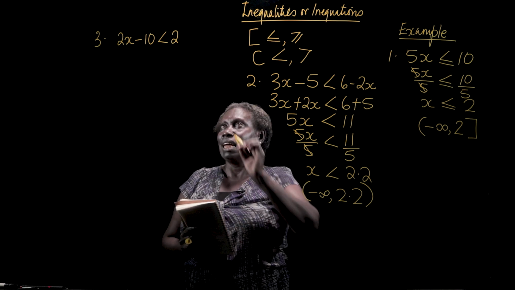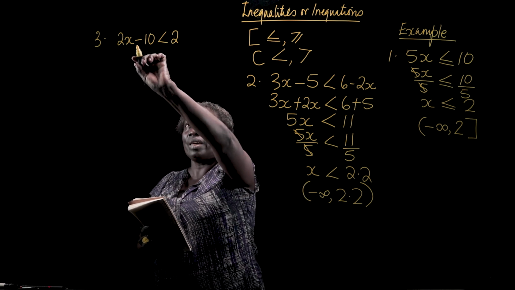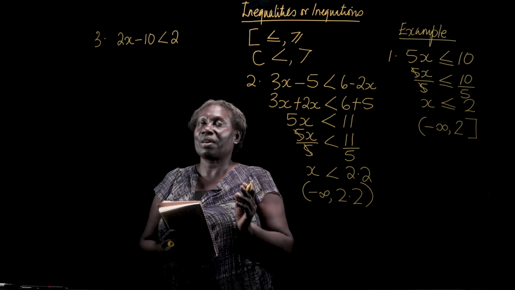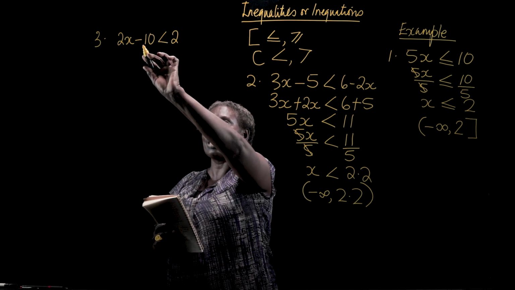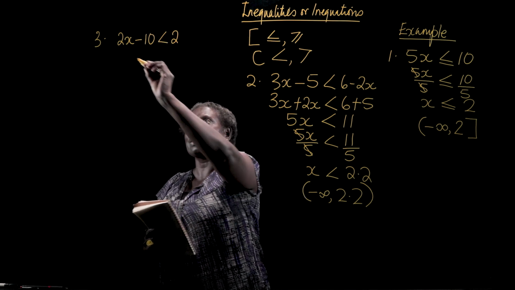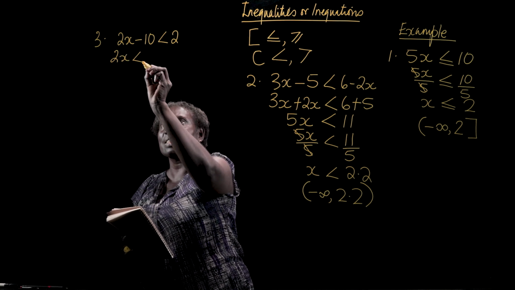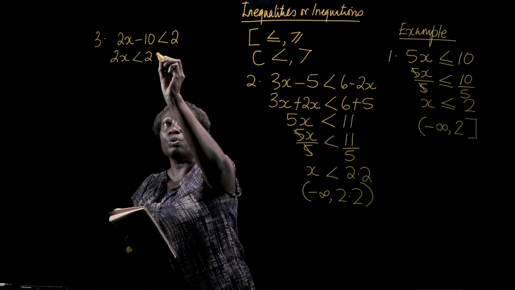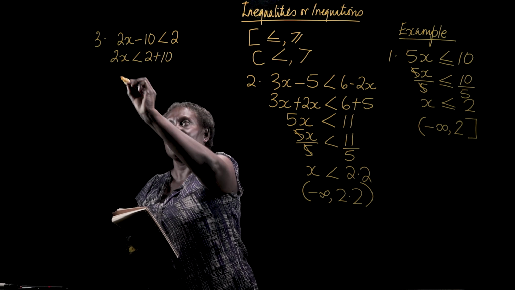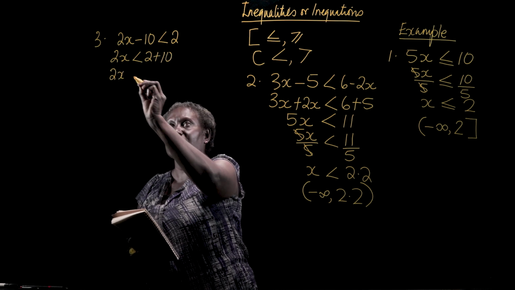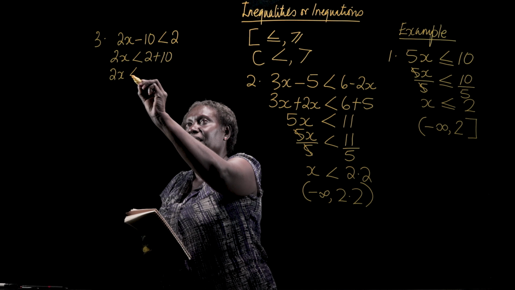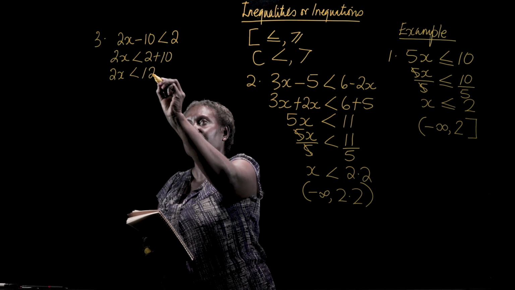Again, we bring the numbers to the right-hand side. So we are going to bring negative 10 to the right-hand side. So we have negative 2x is less than 2 plus 10. So we have negative 2x is less than 12.